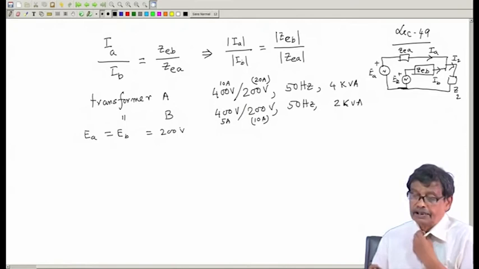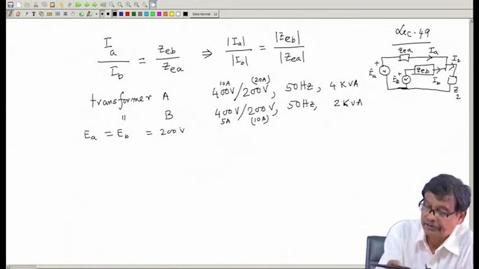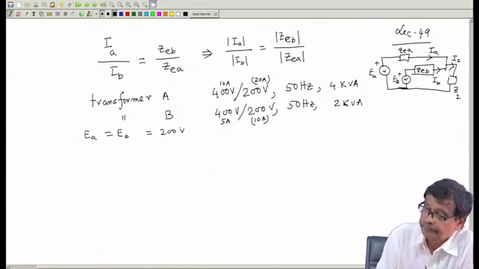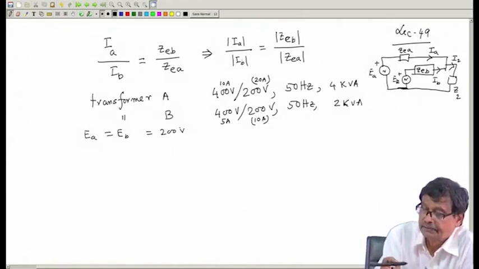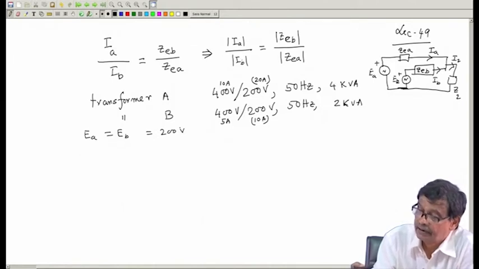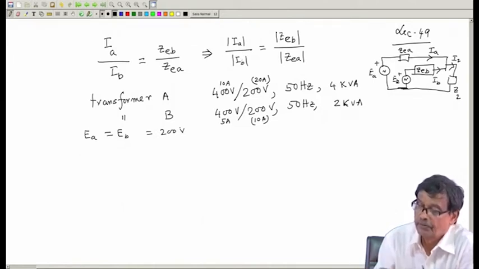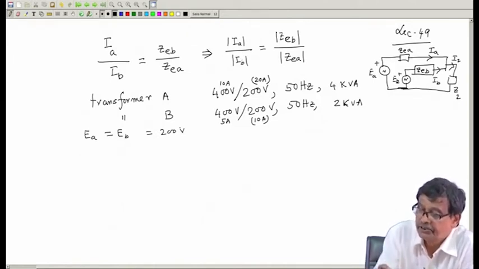Okay. So, that is fine. Now, I have this relationship. We see that for a given load current, the current shared by transformer A and that of transformer B are in the inverse ratios of their respective impedances.